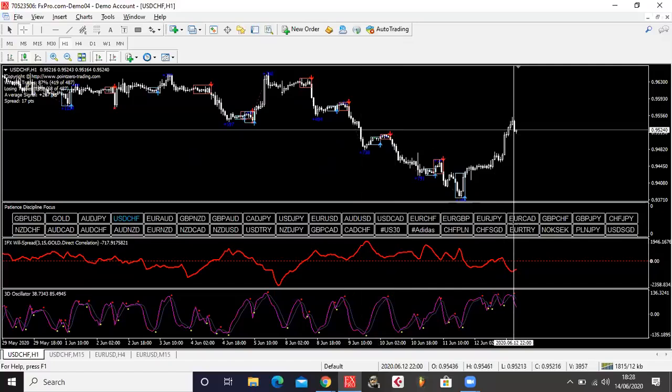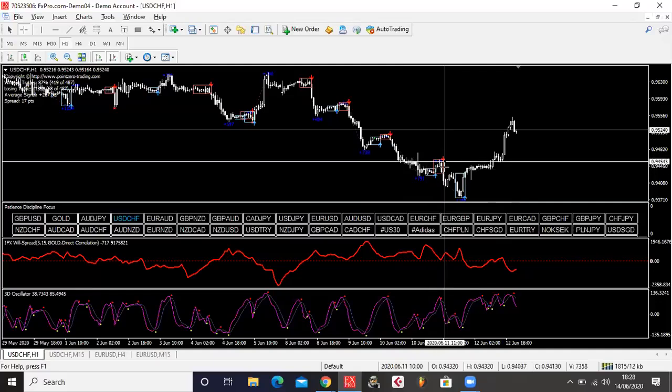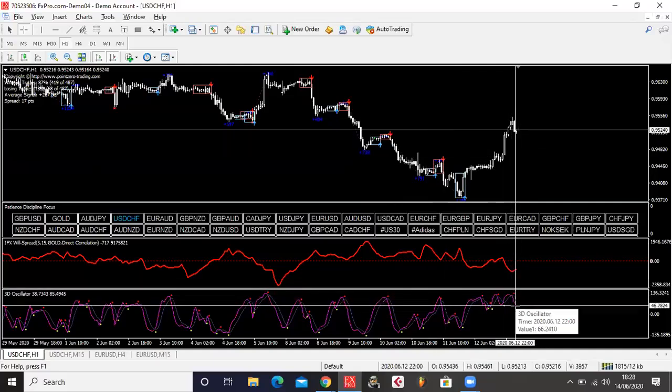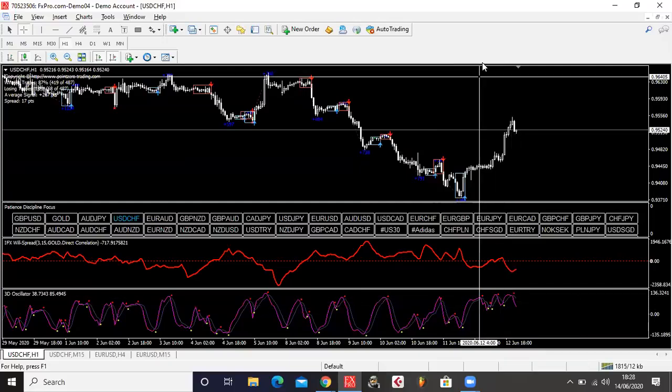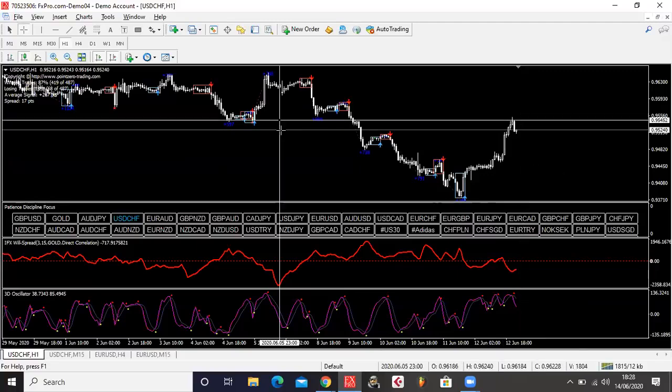See, for example, right here, the Williams dipped and we got the down signal from the 3D oscillator. I wouldn't go into the trade unless I get a PZ sign showing sell while the magenta line is still lower than the gray line. Once I get that signal, that's when I sell on this 1 hour time frame.